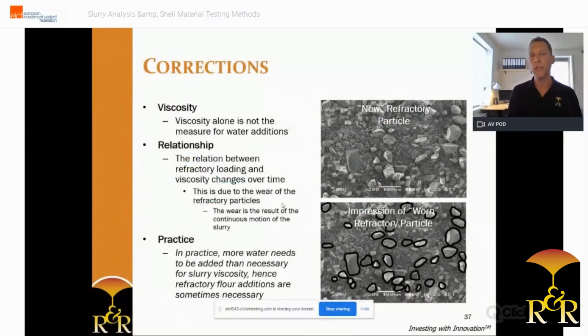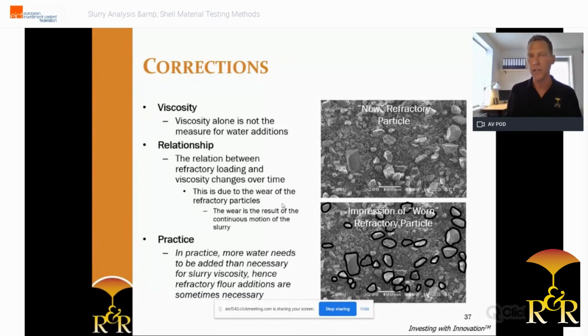It has to do with the continuous motion of the slurry in the tanks to keep it in suspension. During this motion, the refractory particles wear and round off. This is reducing the viscosity. And the increase of the refractory loading at that time is sometimes required to keep the viscosity at the same level. At the same time, water is evaporating, which is increasing the binder solids, but also the viscosity again.